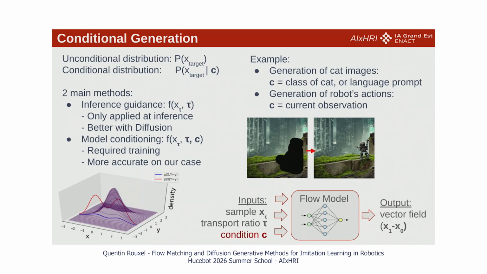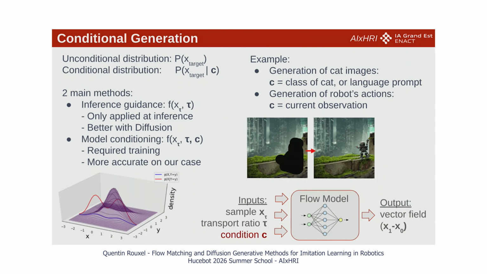And in the case of robotics, for imitation learning, our condition is the current observation of the robot. Again, there are different ways to do conditional distribution with flow matching and diffusion. One is inference guidance, where we do not train, which is only applied at inference and does not require specific setup during training. One example is in-painting.